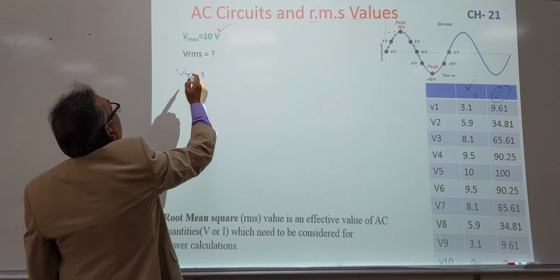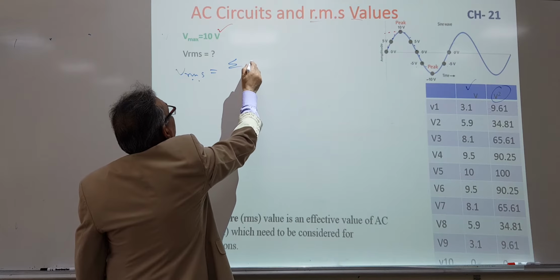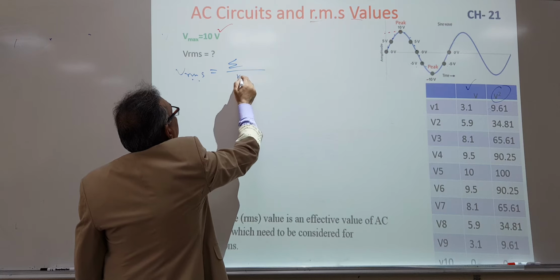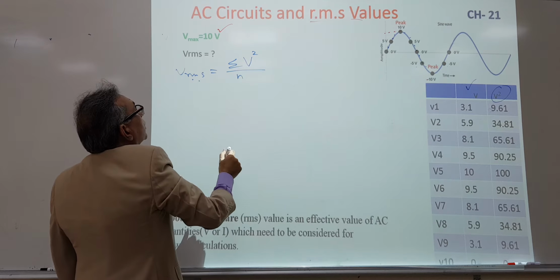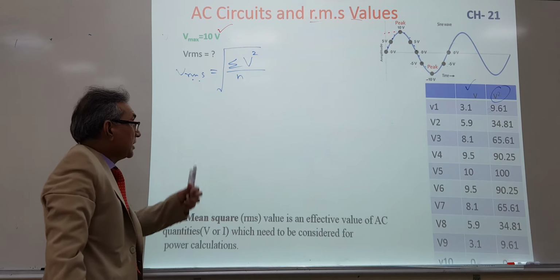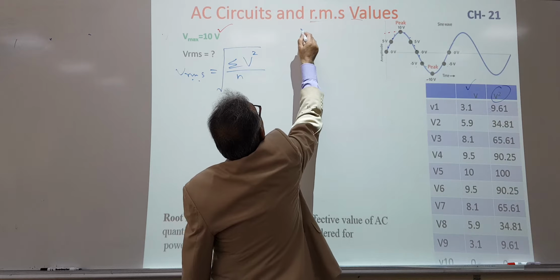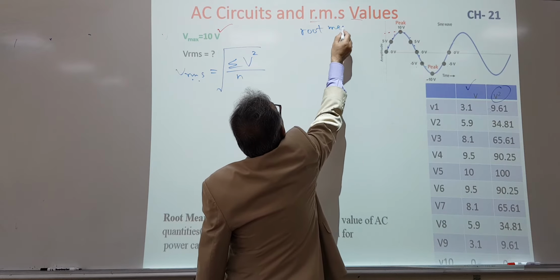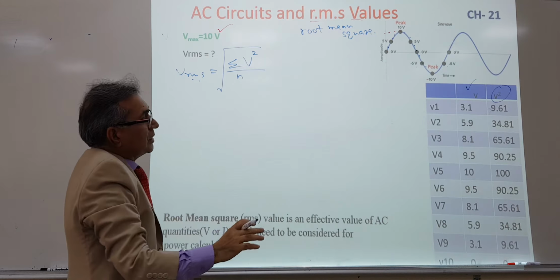VRMS, root mean square, is equal to the sum of your values squared, and then we take the square root. That's why we call it root mean square. You get the idea?